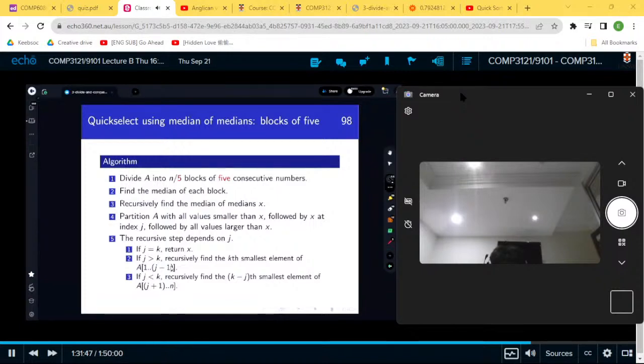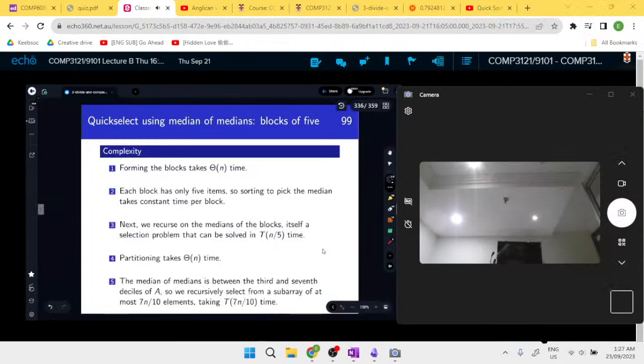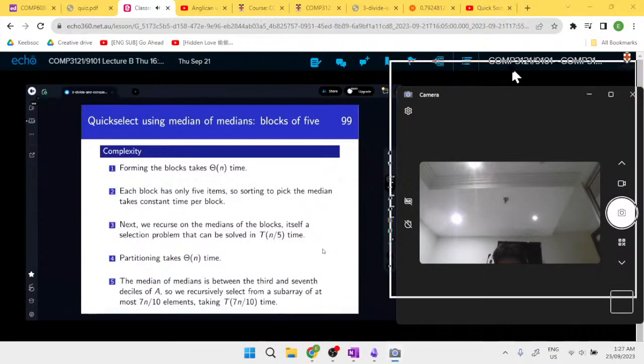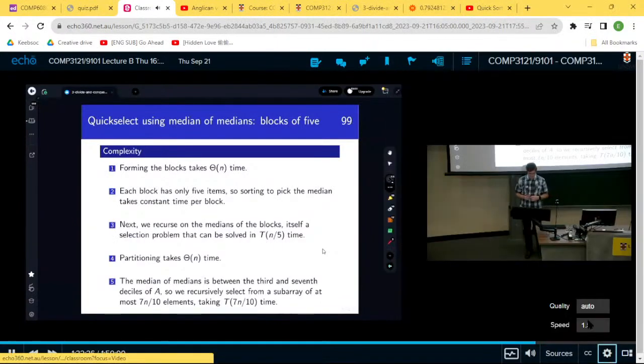Because we're guaranteed that the pivot that we selected is somewhere in the middle 2/5, which means that we have discarded either the first 3/10, so we're left with a problem size of 7n over 10, or we have discarded at least the last 3/10. So the last step now takes time T of 7n over 10.